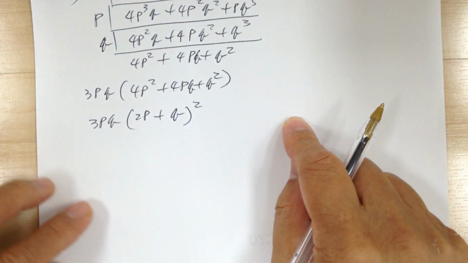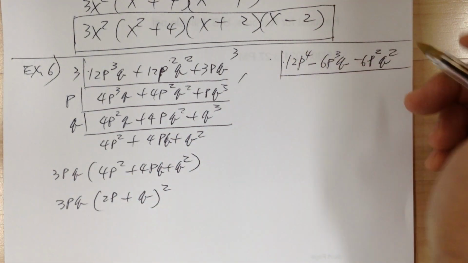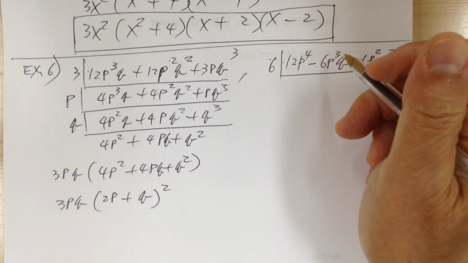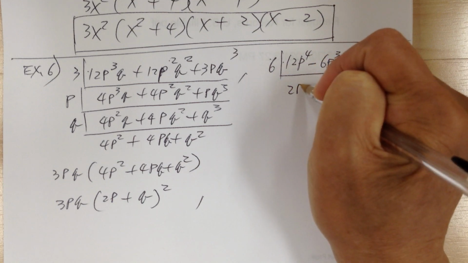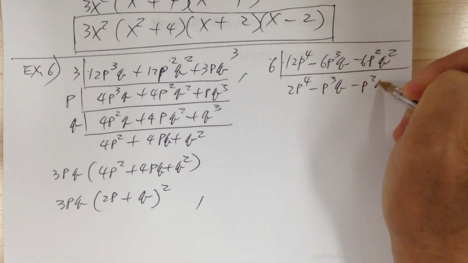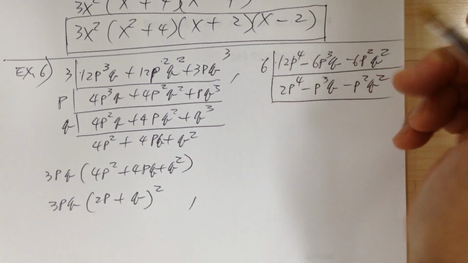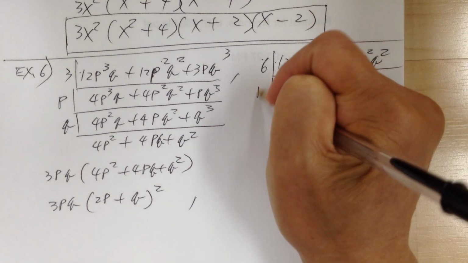Okay, so now let's go and do the other one, okay? So this is equal to that. So this one you can factor out the 6. So it'd be 2p^4 - p^3q - p^2q^2. And after that you can do the alphabet, so factor out the p^2.